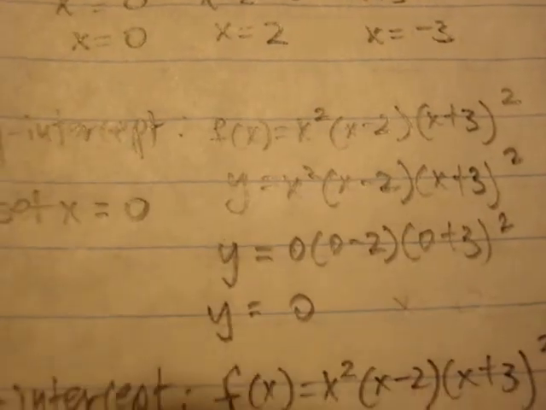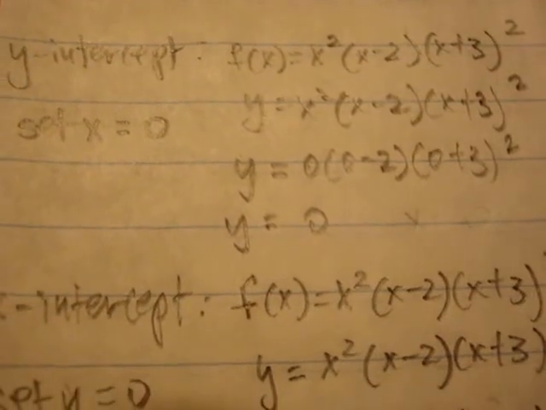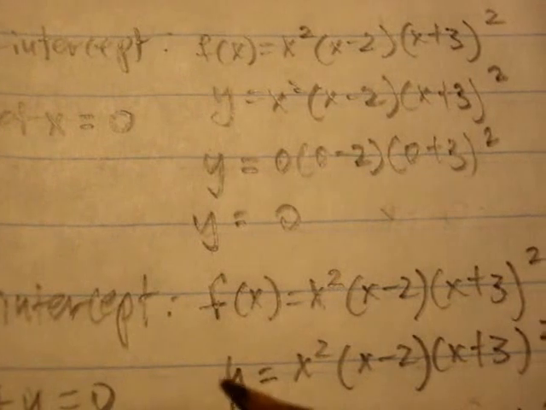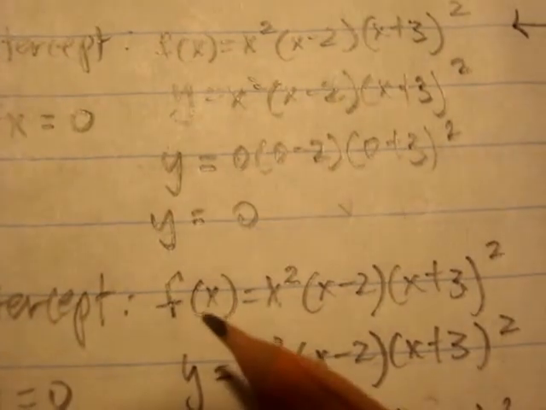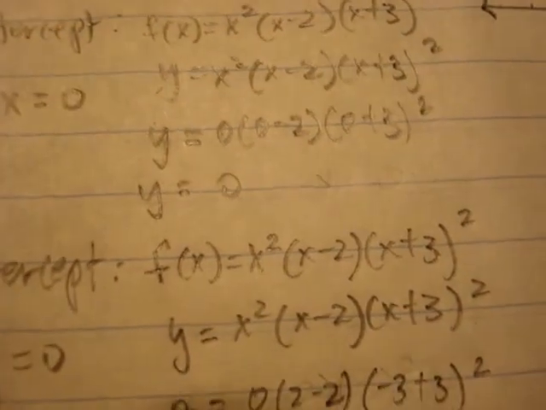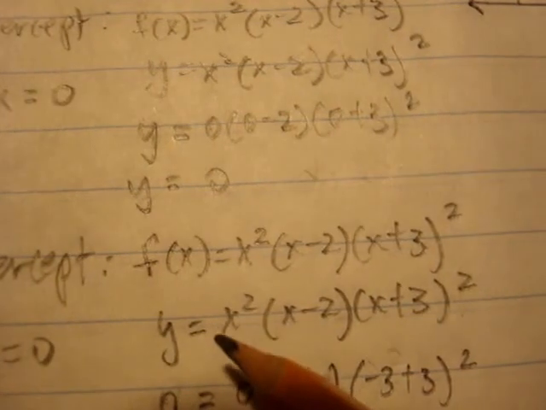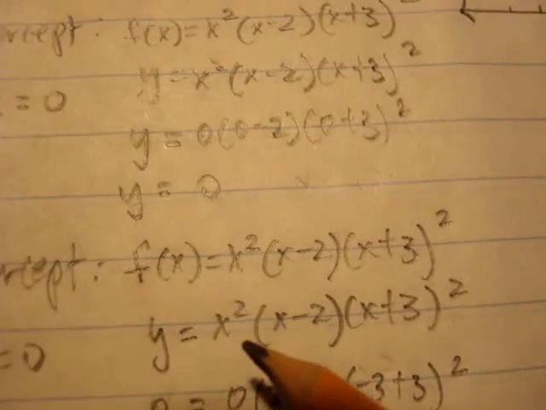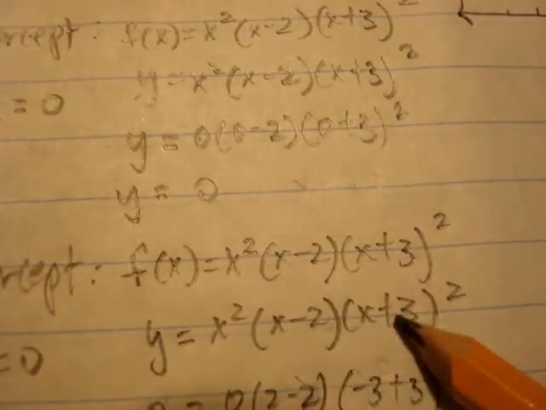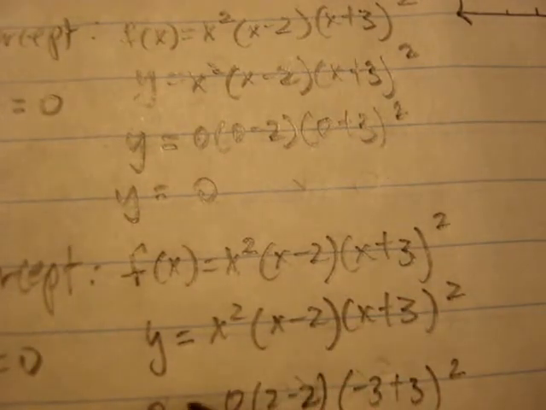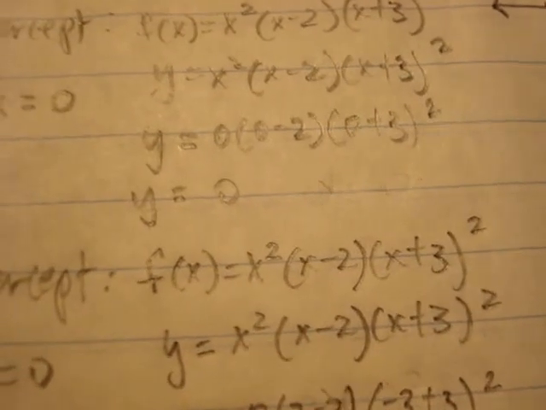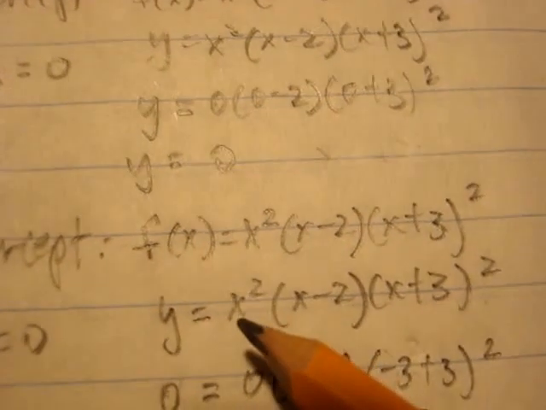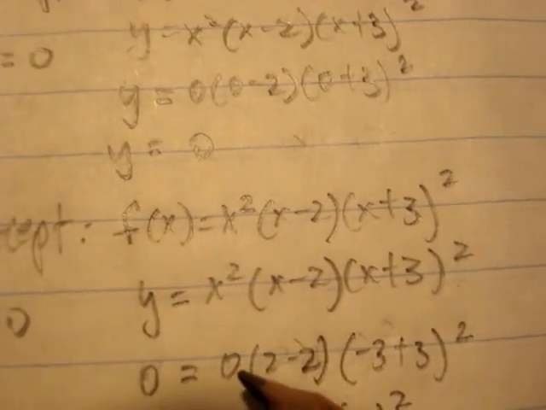And then the third thing you need to do is to find the x-intercept. To find the x-intercept, you set y equal to 0. So you write the same thing right here, and then you put y equals 0. On the right hand side, what makes the whole function equal 0? Let's say I try x equals 0.